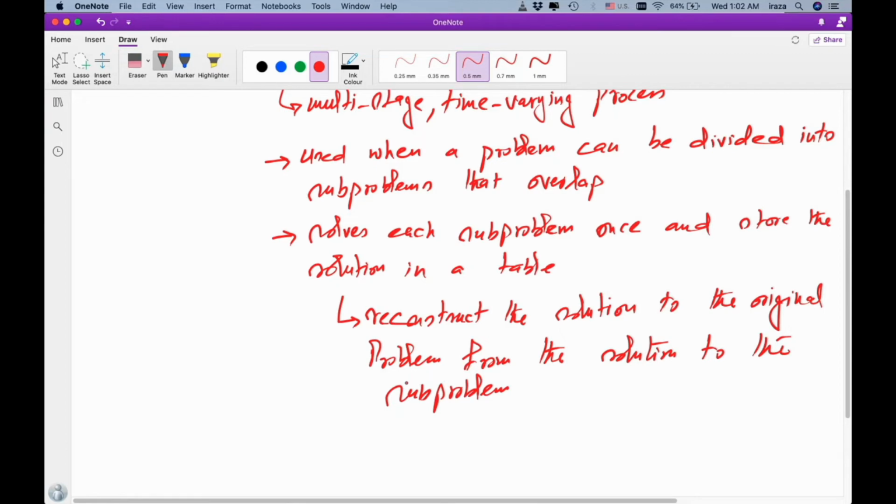All right, so that's why if more overlapping is there, this will reduce the number of subproblems.